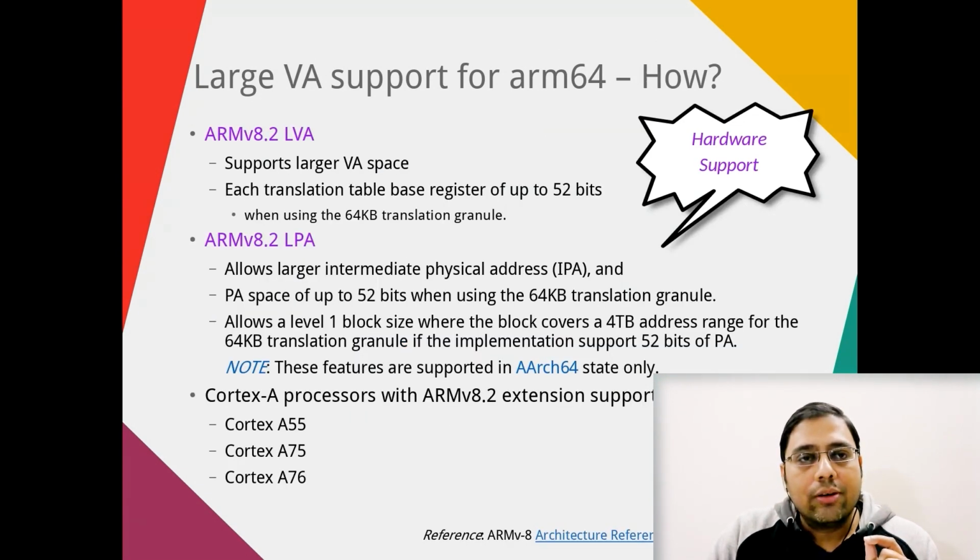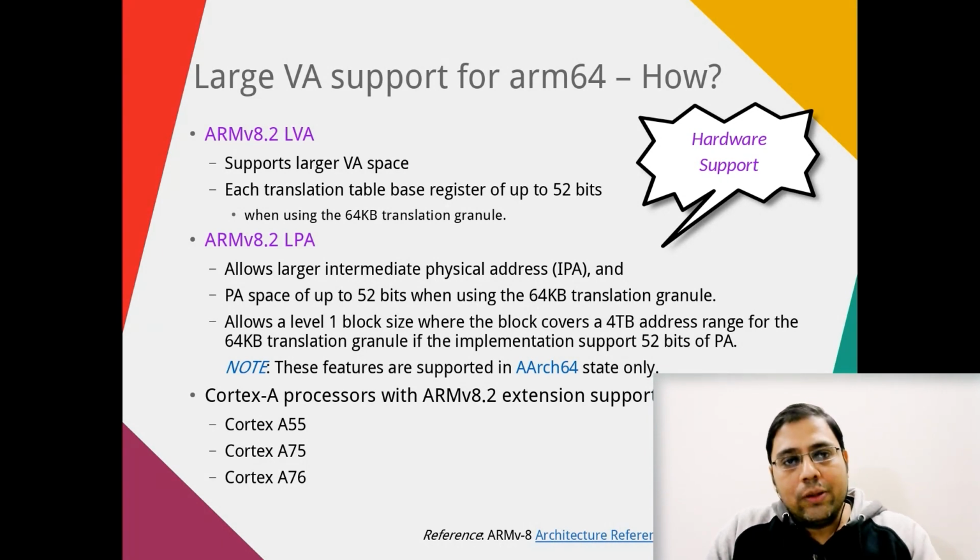Okay, so just a quick recap of the previous slide from the ARM64 perspective. The ARMv8.2 application processors from the Cortex-A family, which is the application profile family, such as the A55, A75, and A76, provide two extensions, the LVA and the LPA extensions respectively.